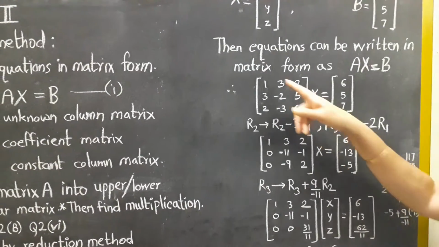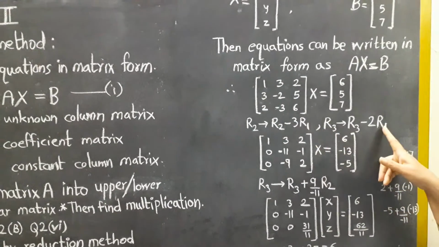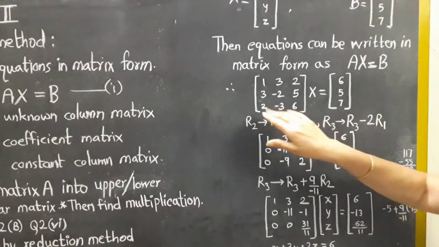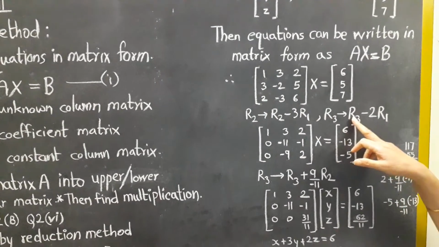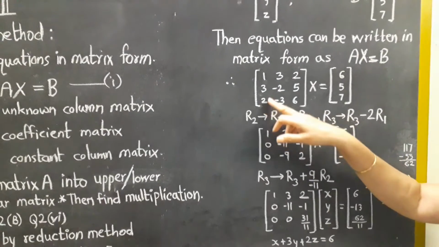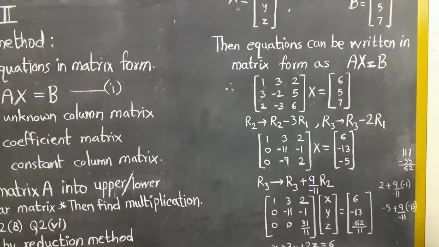Since we are completing the first column, we consider Rj as R1 in both cases. In R3 also we change R3 to R3 minus 2 times R1.